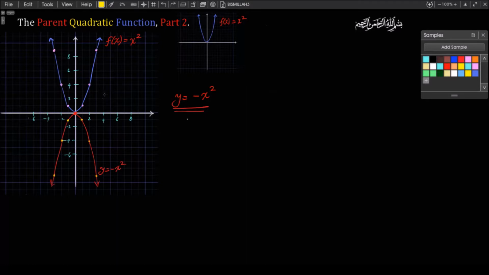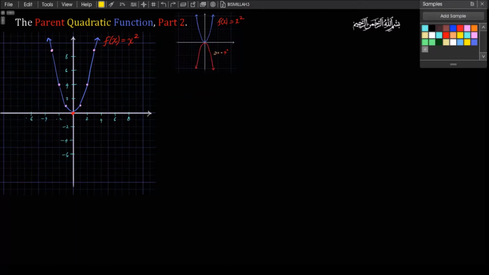Now this is called the reflection of the graph about the x-axis. So this would be a reflection about the x-axis. Okay, so if this was the parent function, y equals -x squared was a reflection of the function about the x-axis.